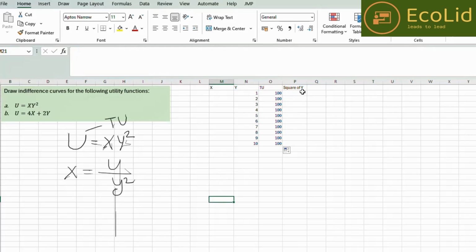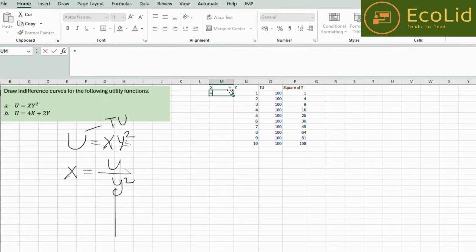Now we need to generate the square of y, so it will be equal to y into y. If we drag and drop it, yes, we generated the squares for all the values of y. Now it's time to generate the value of x. So what is the formula? In this formula we will follow the relationship that we have already identified.